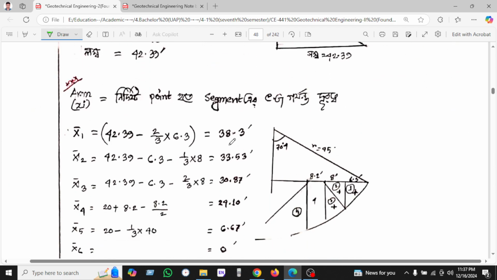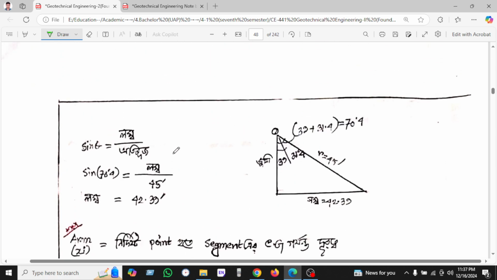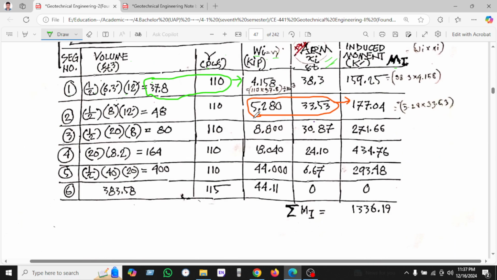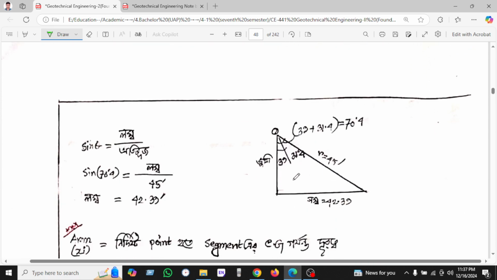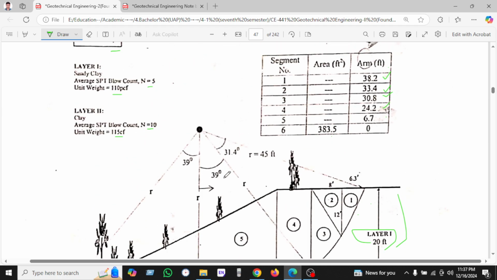This is the detailed calculation of arm. So you can see here 42.39. So this is given 43.49, r is given for 45. 45. So this is the 31 and 39. So total is 70.4. Here is given 31.9 and 49.